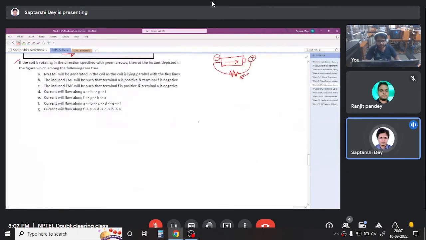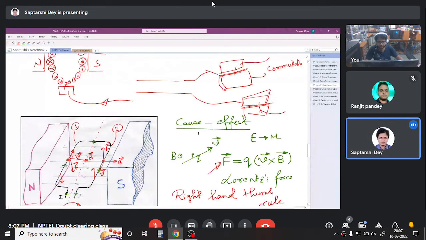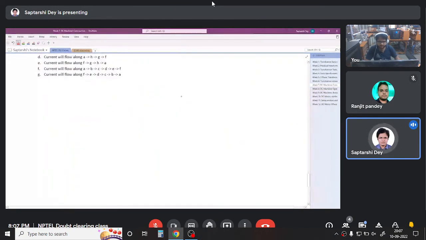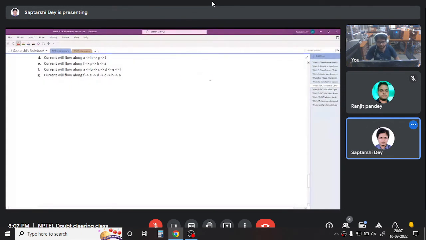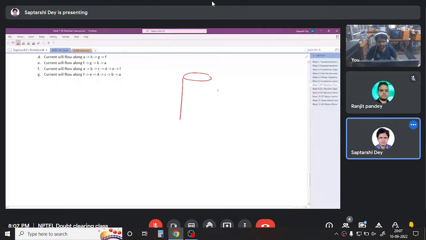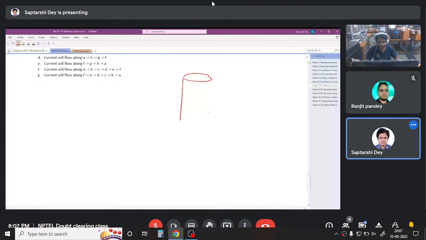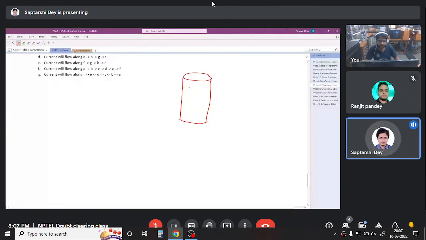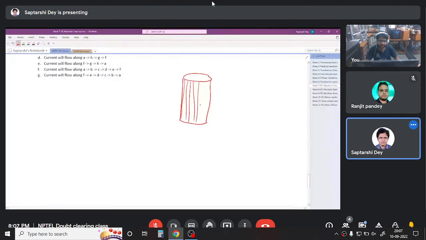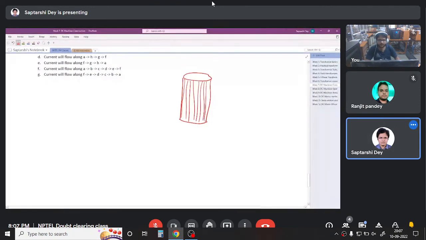So how it looks is, if you look at a commutator, it is like a cylinder, and there are a lot of commutator segments on it.